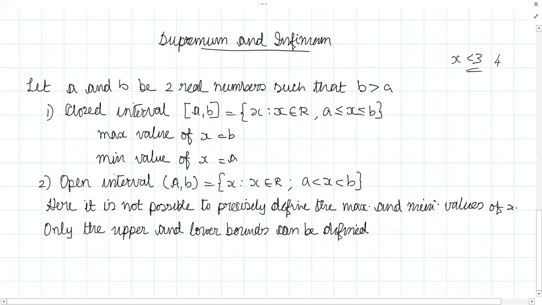Any number greater than B is an upper bound of X.